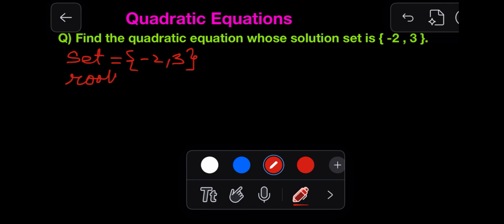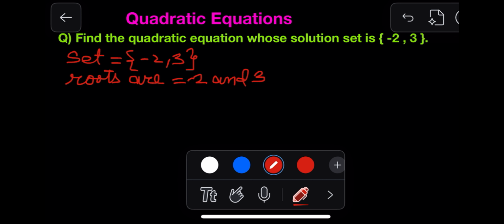So the roots are -2 and 3. So we can write x is equal to -2 as well as x is equal to 3.